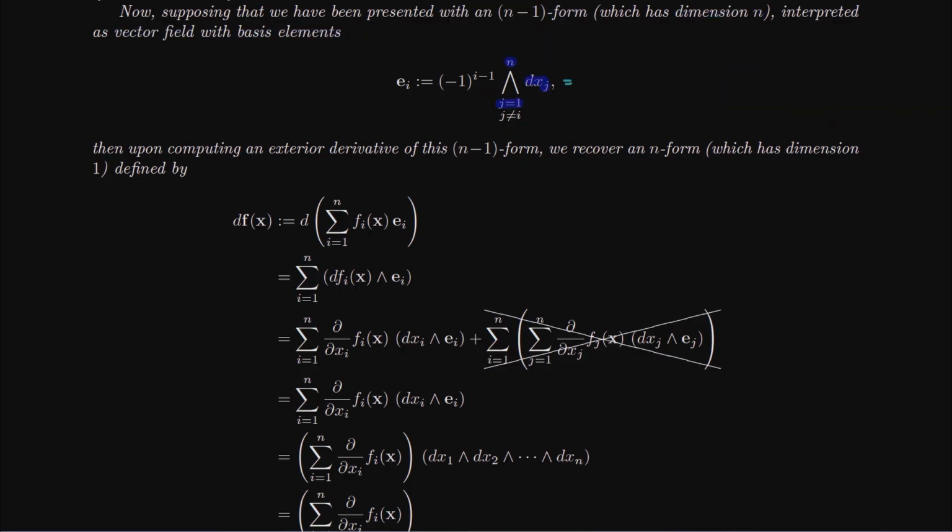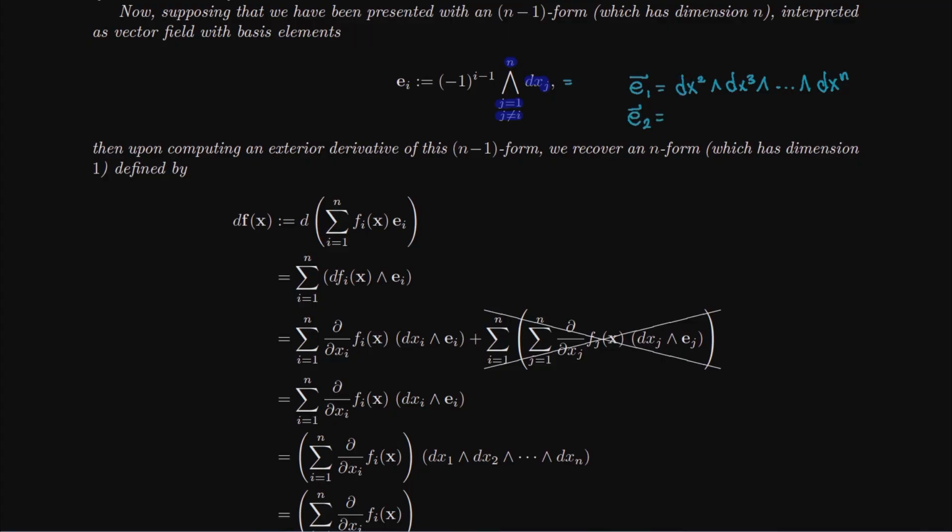So this would be e1, for example, I'm just not going to use that subscript, and then I'm going to write out (-1) to the 1 minus 1 up top. This would be dx2 wedge dx3 wedge dot dot dot wedge dxn. And then e2, I'm just going to omit the dx2 term from it.